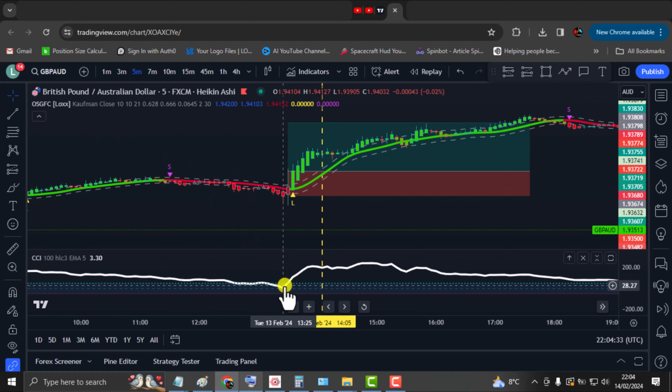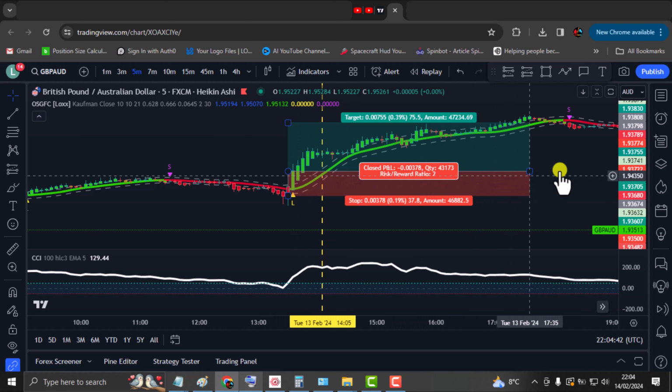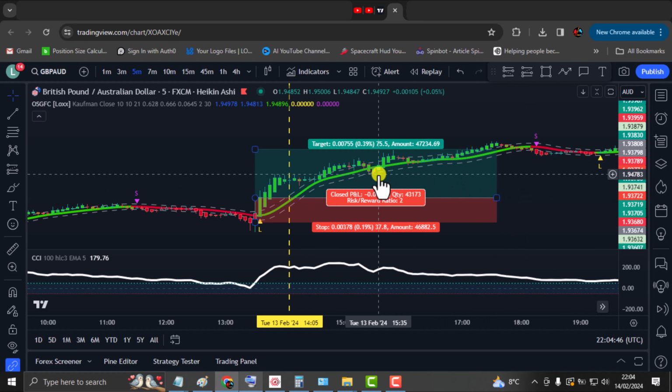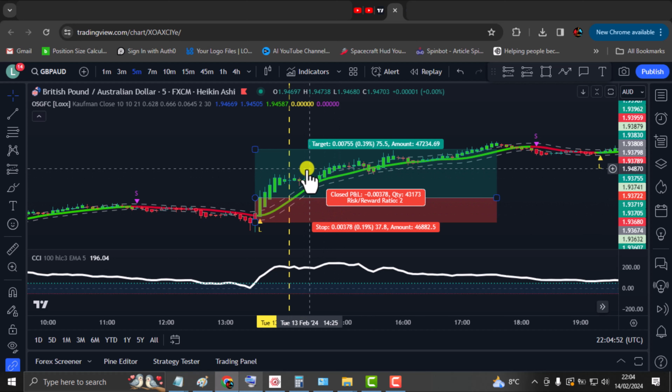Yes, and then the white line is above the green line of the CCI. So once we have all of these met, we can take the long. This is 5 minutes, guys. So we take the long. Our stop loss is around 37 pips, and the take profit is around 75 pips, which is decent.